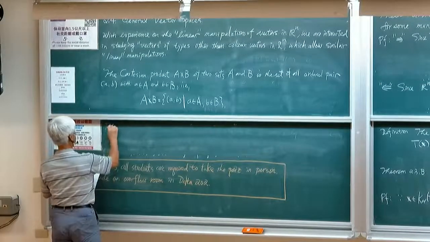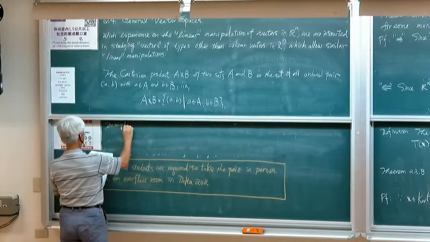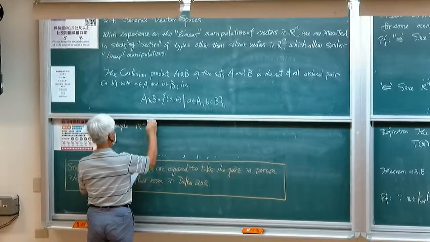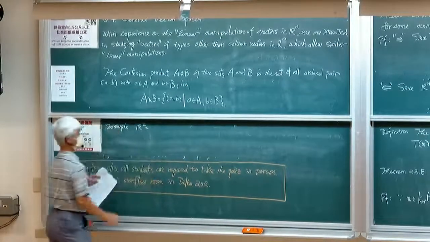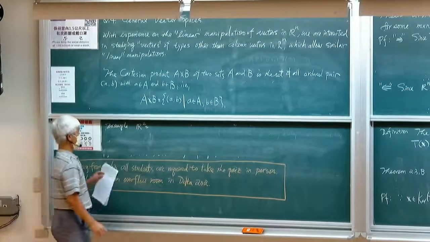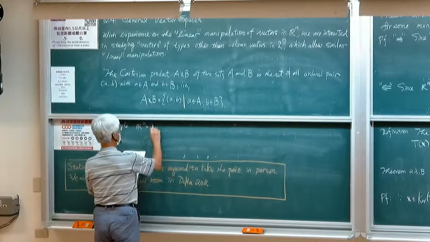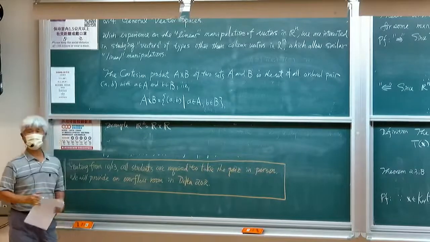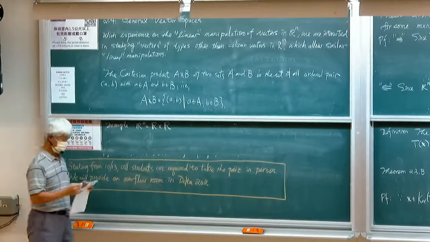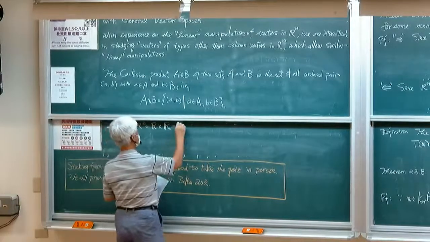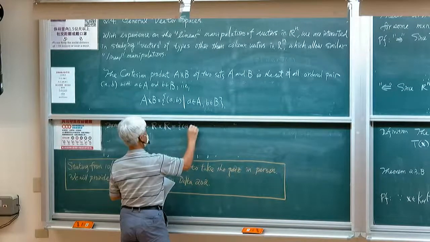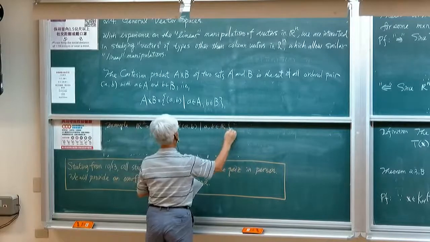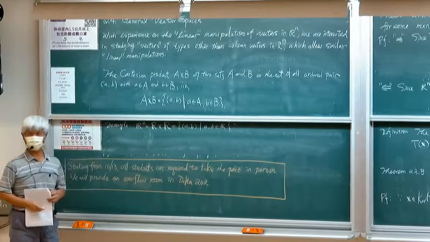Examples. The two-dimensional Euclidean space can be regarded as the Cartesian product of R with itself, that is, ordered pairs.